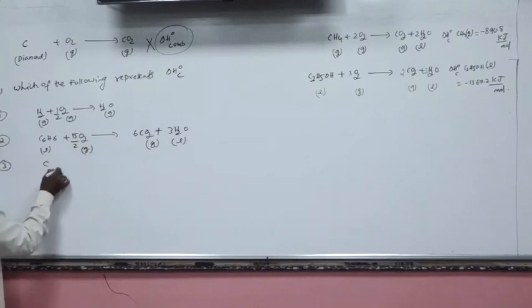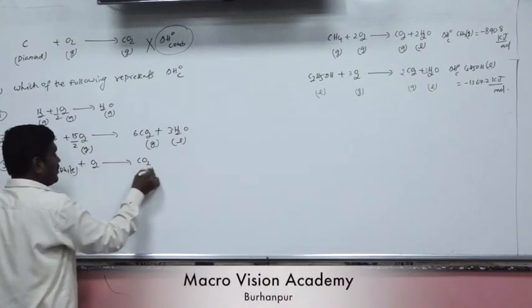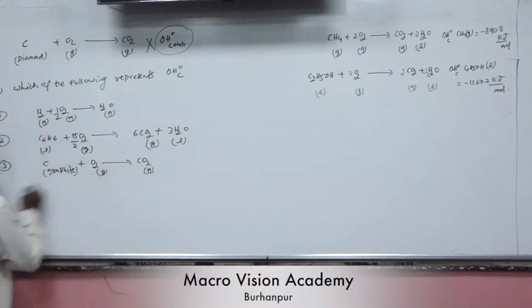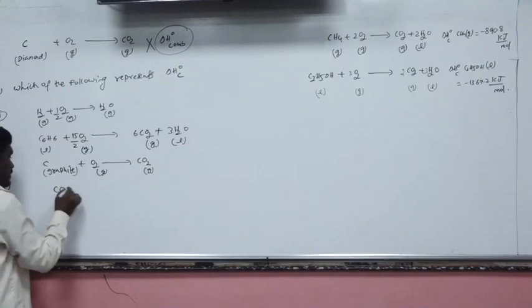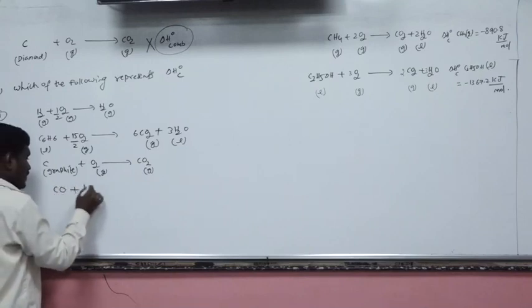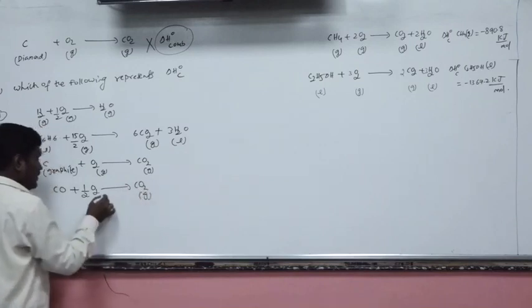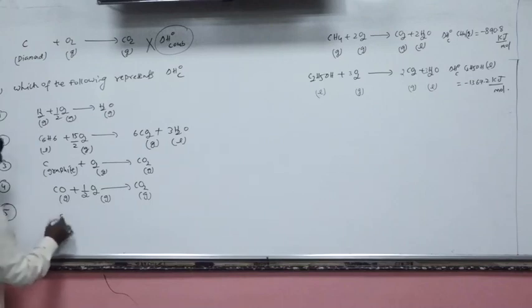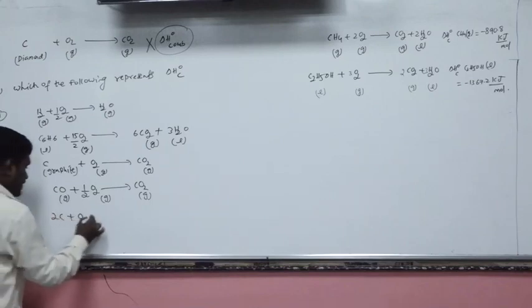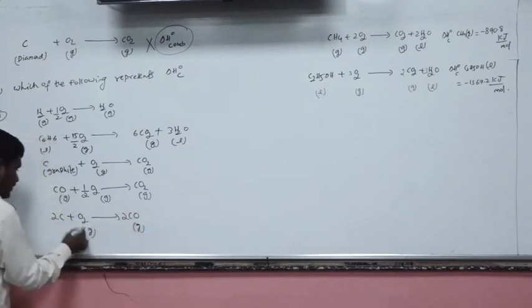C graphite plus O2 gives CO2. CO plus O2 gives CO2. 2C plus O2 gives 2CO.